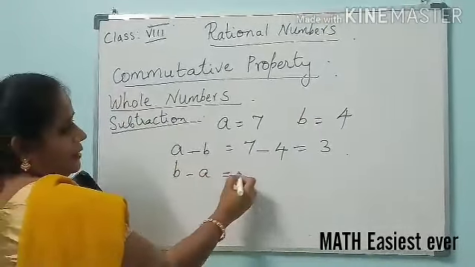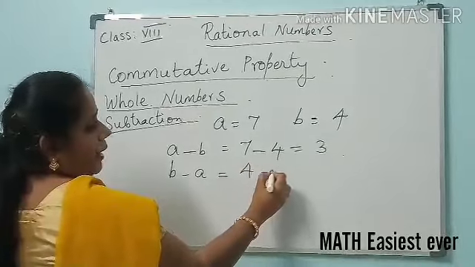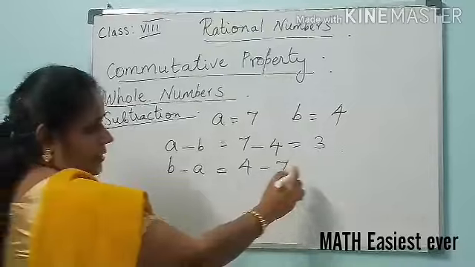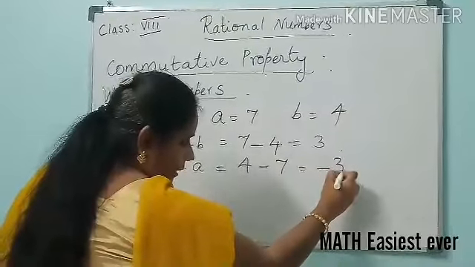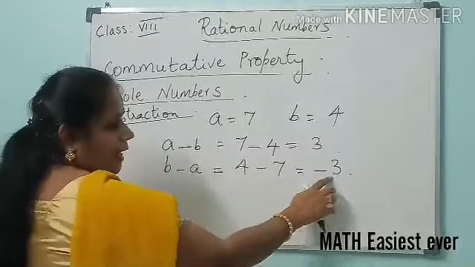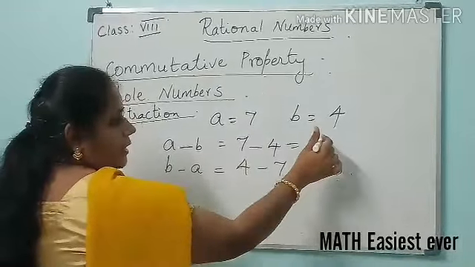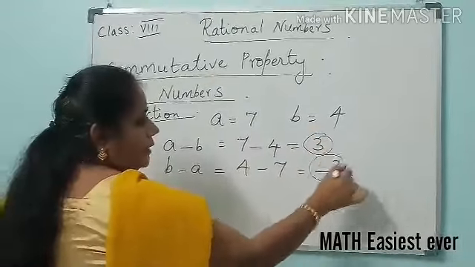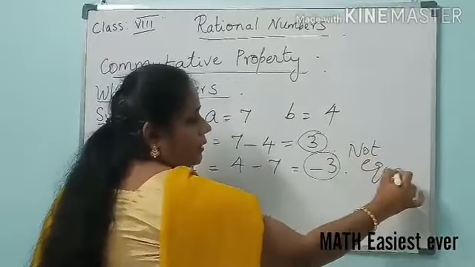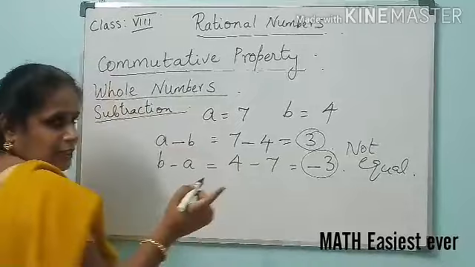Now, check what is b minus a. It's 4 minus 7. What is 4 minus 7? It's minus 3. Is 3 equal to minus 3? Not equal. So, what does it show?